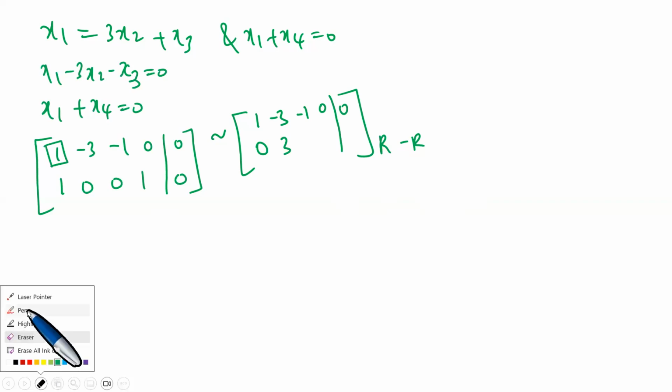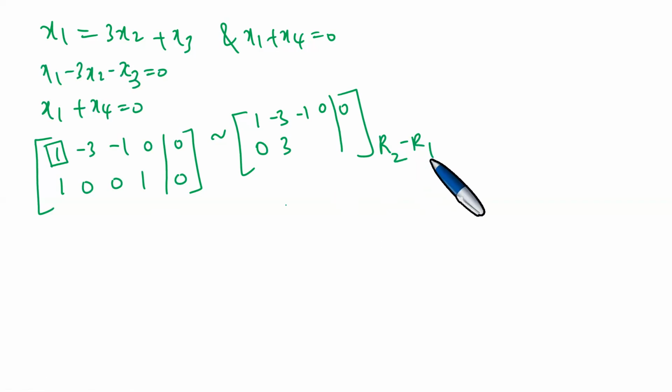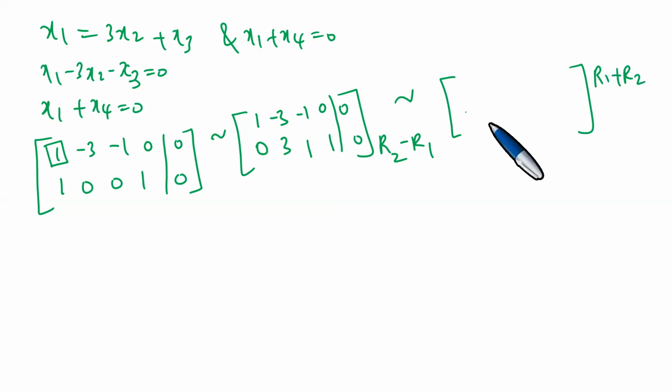So row 2 minus that, it's going to be 0 here. Row 2 minus that, 3. Row 2 minus that, 1. Row 2 minus that, 1. Row 2 minus that, 0. Then row 1 plus row 2, which is 1. So you add now 0, 0, 1.